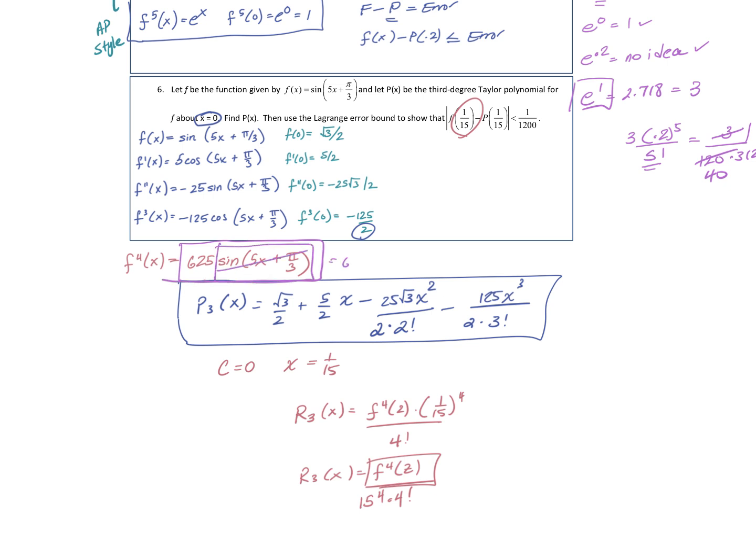So it's going to be 625, my max value. So we get 625 over 15 to the 4th times 24, which is less than 1 over 1200.